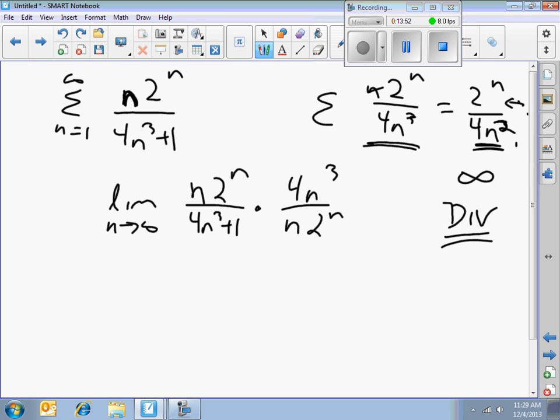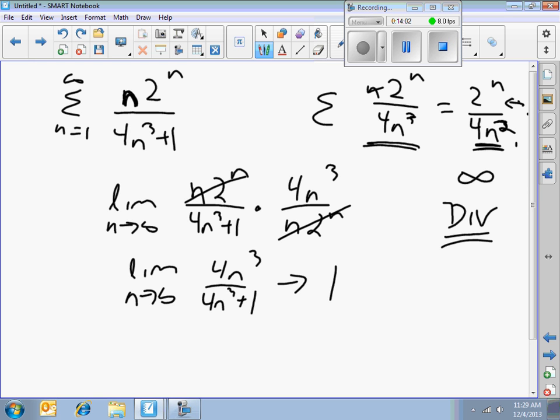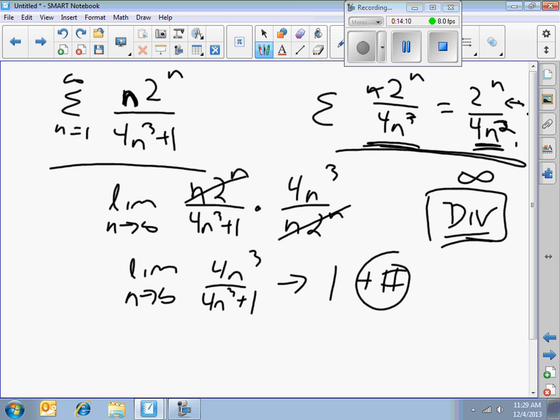You can see why I did that. These are going to cancel out. Look at the limit as n approaches infinity of 4n cubed over 4n cubed plus 1. Again, this is heading to 1. It is a positive number. So whatever's happening with this one is happening with this one. This one is divergent, so this one is divergent.